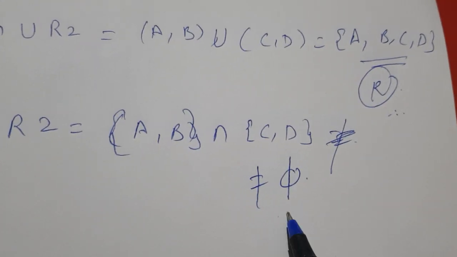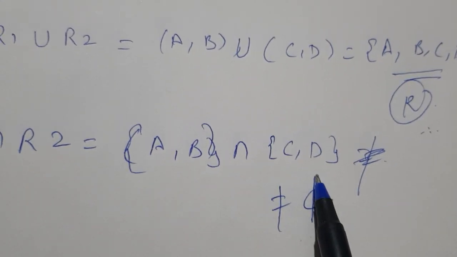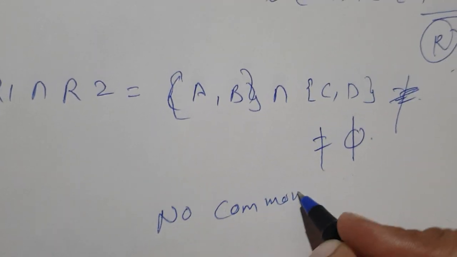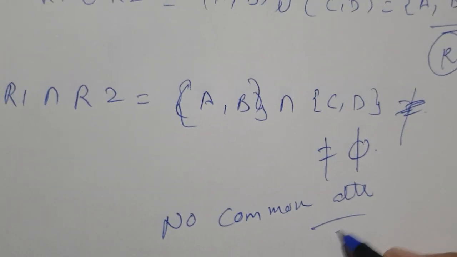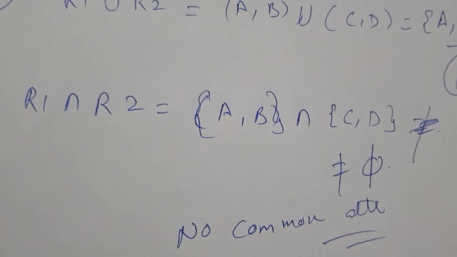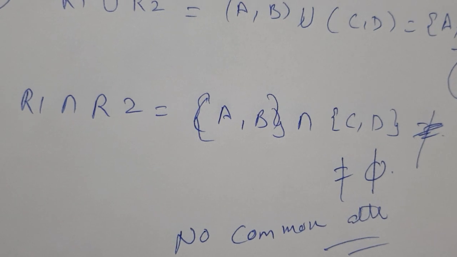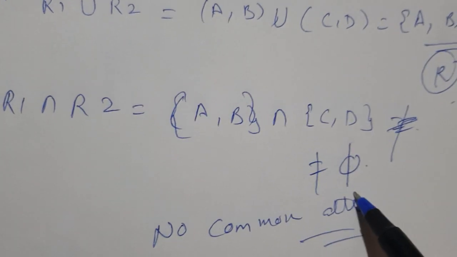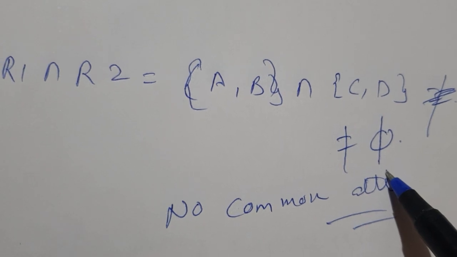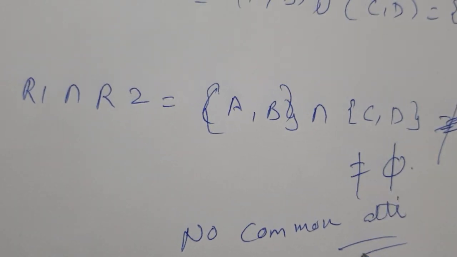There should be at least one common attribute, but from this intersection we are getting no common attribute. So the second condition is violated.